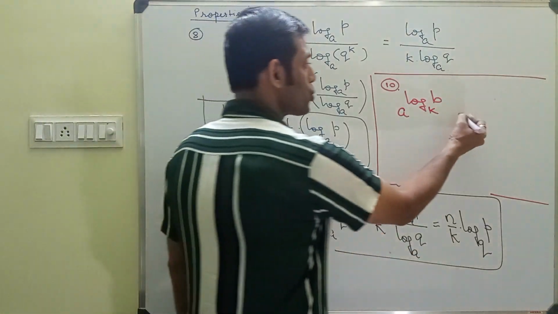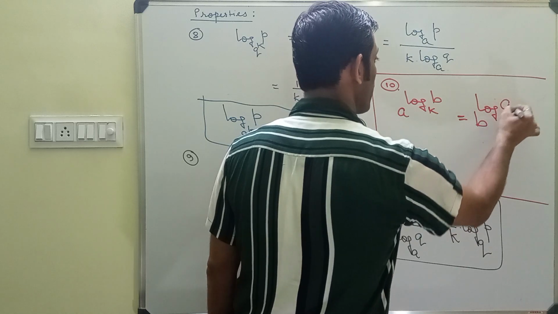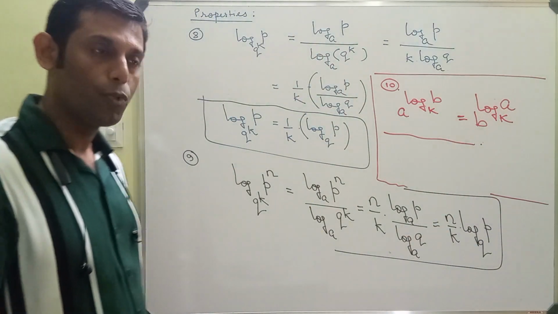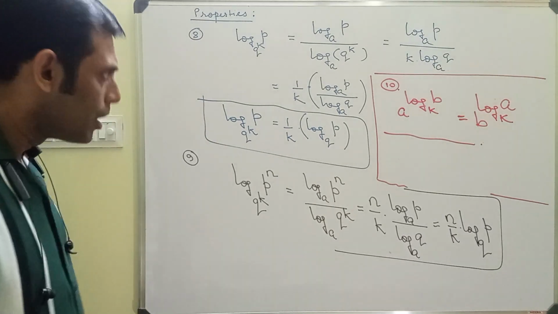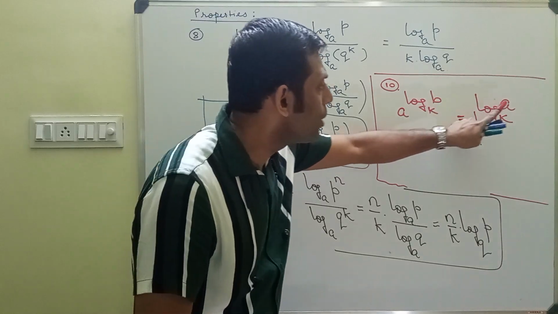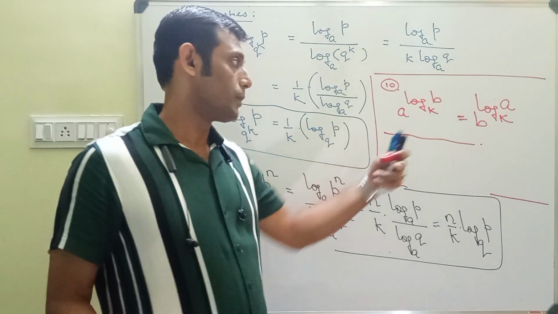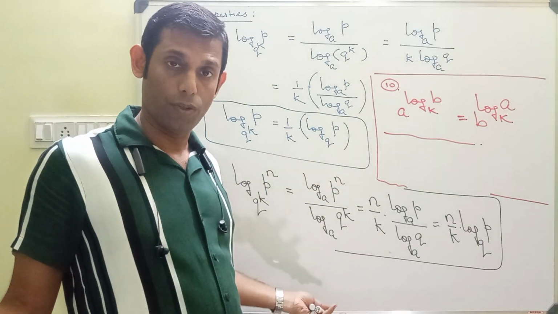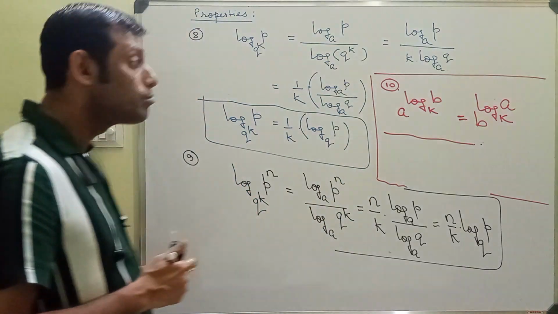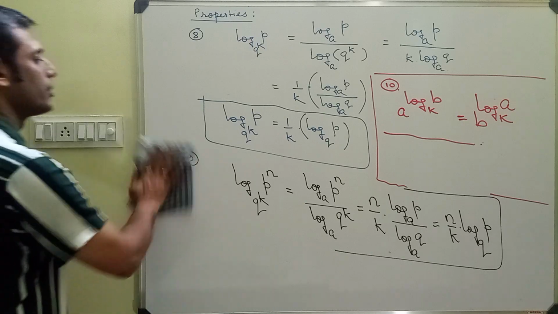We can also write this as b power log a base k. This is the 10th property we are going to prove now. But see the magic: a and b interchange their positions, retaining the equality. It works like magic.